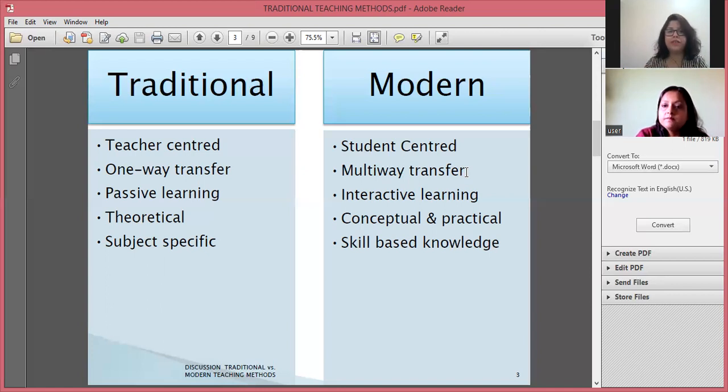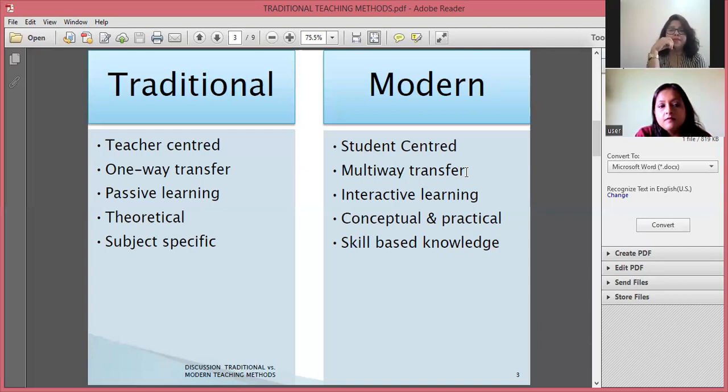Because they are in a team, they are connecting with each other, transferring their knowledge and communicating. But one-way transfer means only the teacher is connecting with maybe one student, even though they are not able to connect actually. In the traditional method, they are not able to connect exactly.